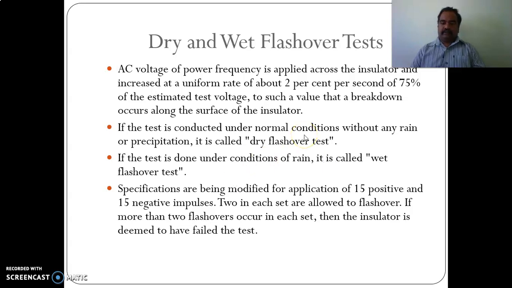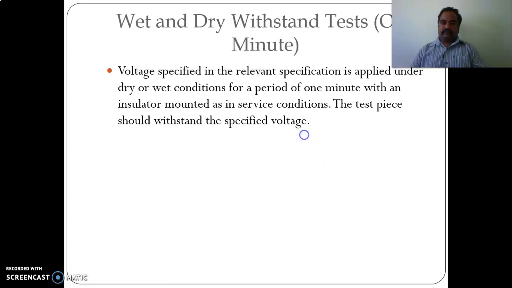And next, the wet and dry withstand tests. So, the voltage which is specified in the relevant specification is to be applied under dry or wet conditions for a period of 1 minute with an insulator mounted as in service conditions.